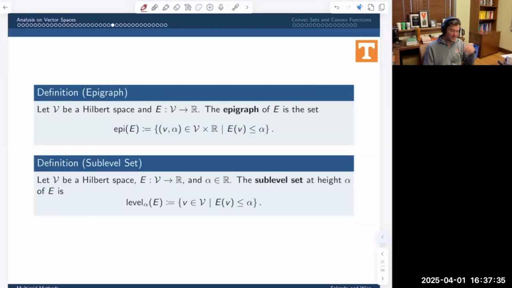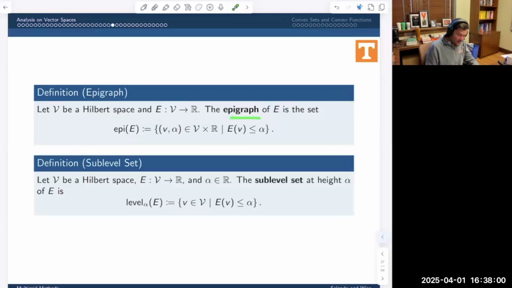I'll show you a picture of what we mean by semi-continuity momentarily. What does a function that's lower semi-continuous look like? I'll show you that, but before we do, let's get to a couple more definitions. Suppose again that V is a Hilbert space and E is a functional.